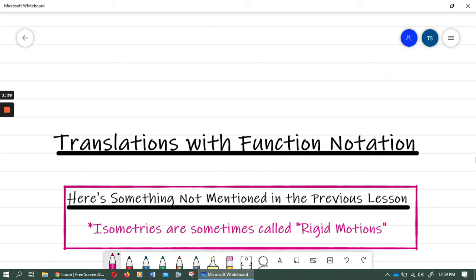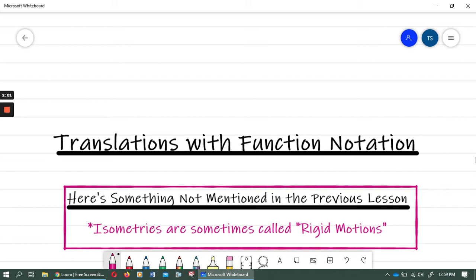Again, guys, remember from that previous lesson that we talked about what an isometry is, and we said that an isometry is a type of transformation that preserves both the shape and the size. In other words, it preserves the shape, meaning that it keeps all of the angle measurements the same, and it preserves the size.